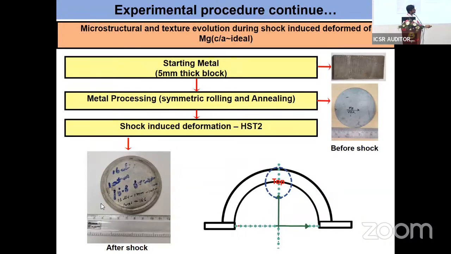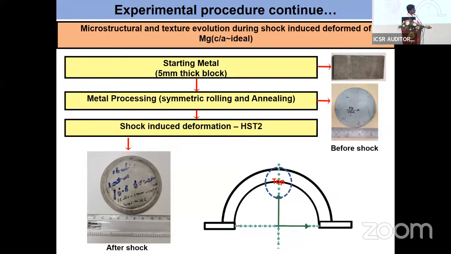First I got the starting material, 5 mm thick. Then I did the symmetric rolling and annealing, and then I performed shock-induced deformation in HS22, that is in the LHSR at the Indian Institute of Science. After shock deformation, my sample looks like a cap shape, like a shallow spherical cap.